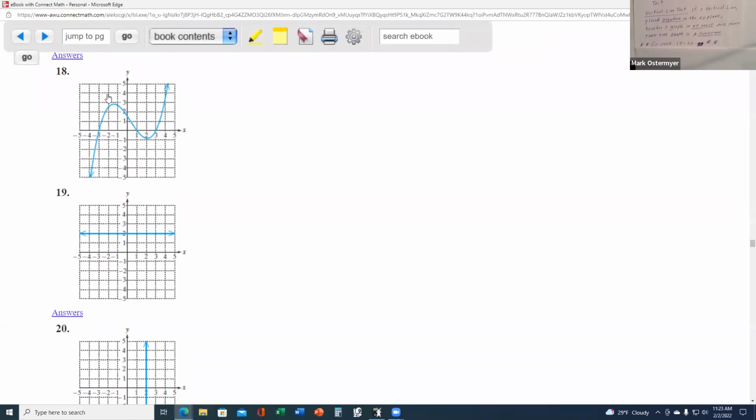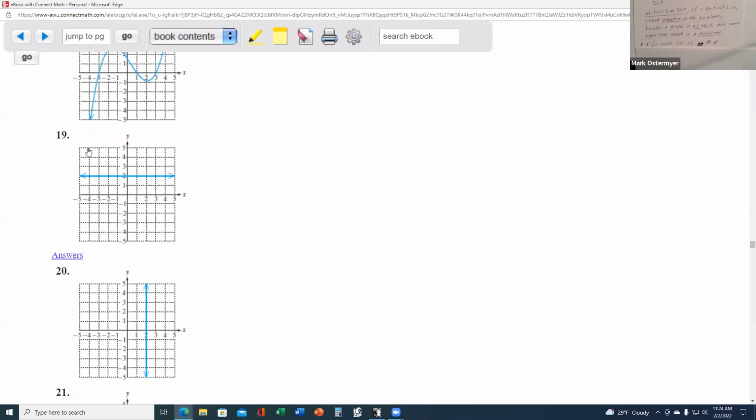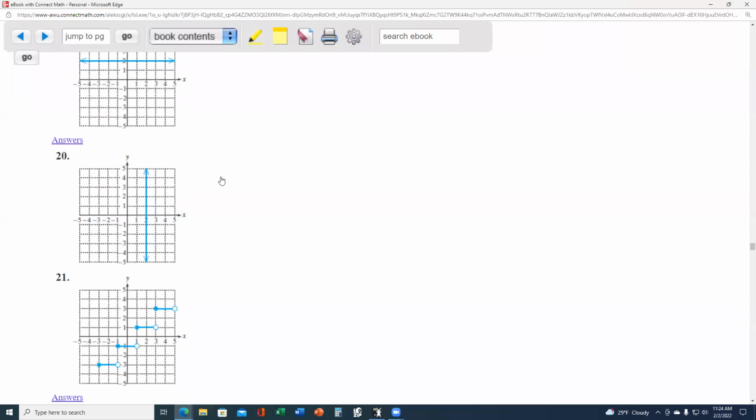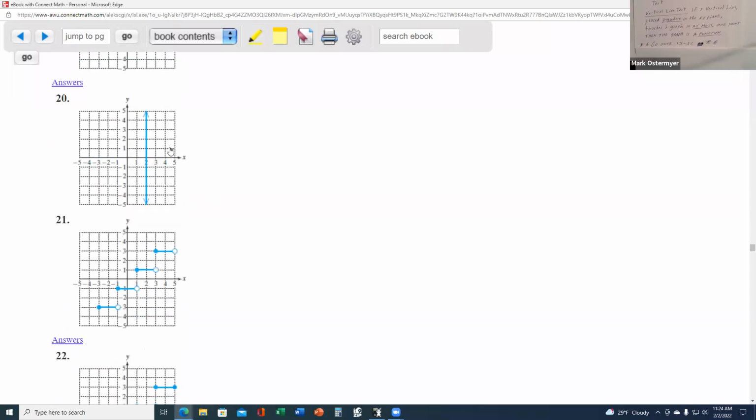You could not put a vertical line anywhere and touch the graph in more than one point. How about number 19? This horizontal line is definitely a function. How about number 20, the vertical line? It's not a function, because you could put a vertical line through x equals 2, and it would intersect this line at an infinite number of points. This is not a function, just a relation.